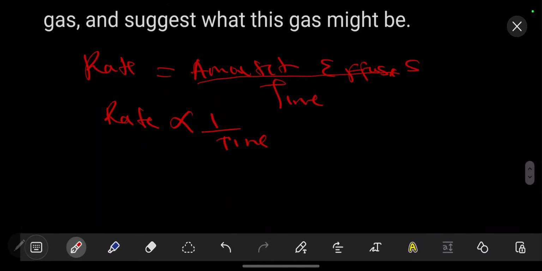Now here, this question is asking us to apply the principle of Graham's law of effusion, which states that the rate is inversely proportional to the square root of the molar mass. So the rate of any given gas is inversely proportional to its molar mass.